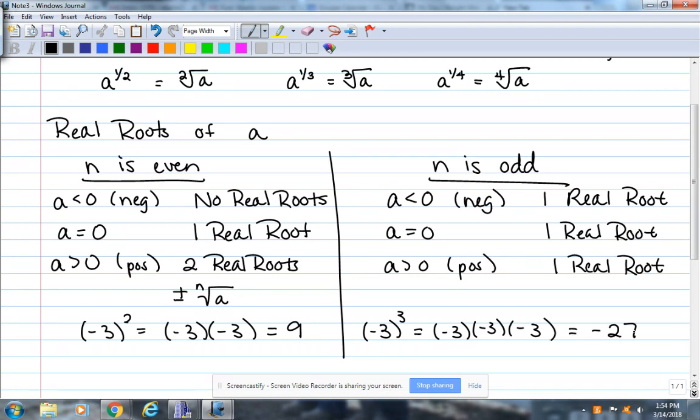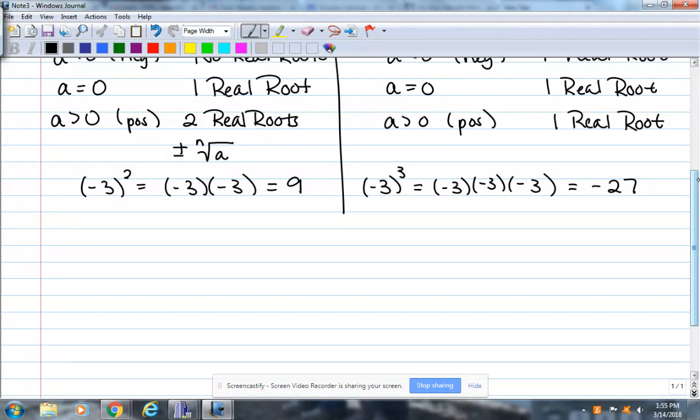Negative 27, right? Because if I multiply these two, I get a positive 9, and positive 9 times negative 3 is a negative 27. So that's why you can't have negative solutions for an even index, but you can have negative solutions for an odd index. Does that make sense? You have an odd number of negatives, you get a negative when you multiply. You have an even number of negatives and you multiply, you end up with a positive.